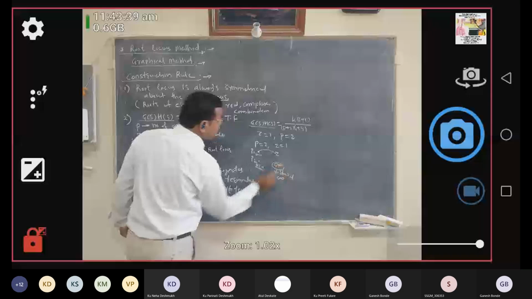How many branches are terminating at infinity? It is given by P minus Z. Here 2 minus 1, so that is 1.